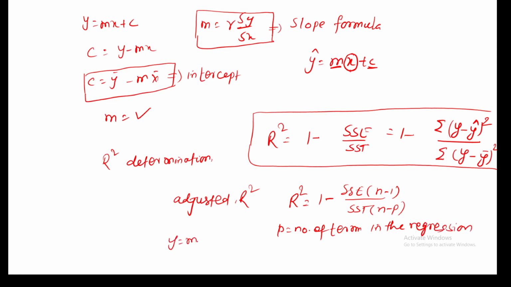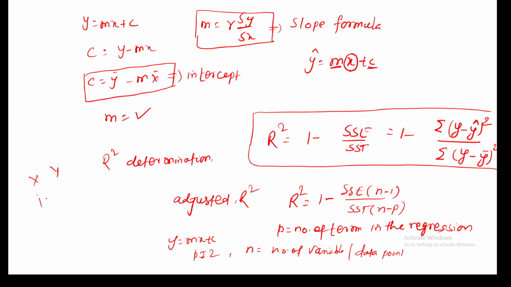Let's say we have y is equal to mx plus c. So here p will be 2, and n will be the number of variables or data points that we have in the question. The number of terms will be x and y.